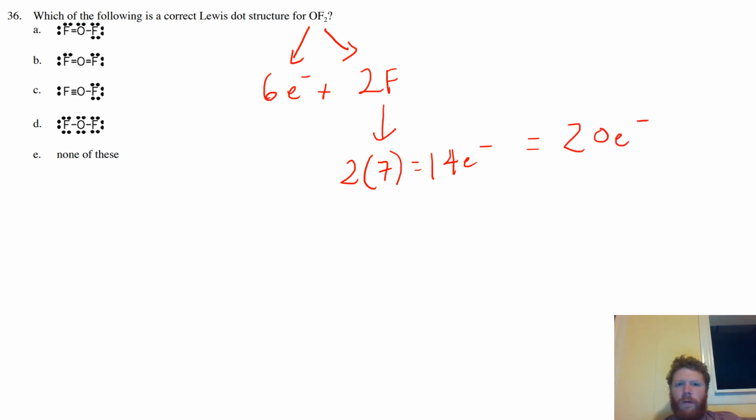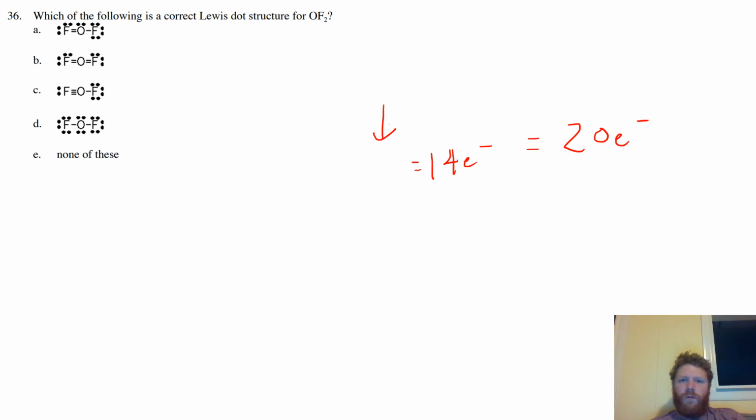Now, this information is all available on the periodic table, so you will need to refer to your periodic table whenever you're drawing a molecule. Now, after we figured out our total number of valence electrons, I'm going to erase all these items here. So we have 20 valence electrons that we can draw. What we need to do is coordinate where those valence electrons are.